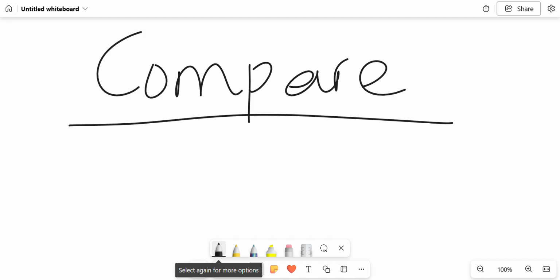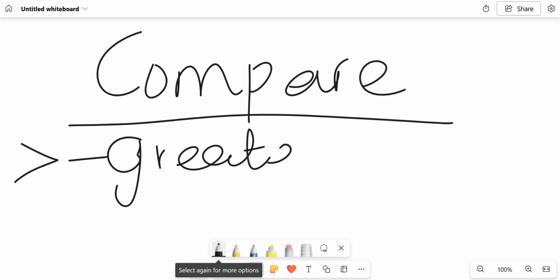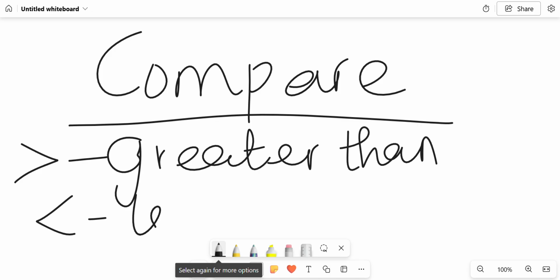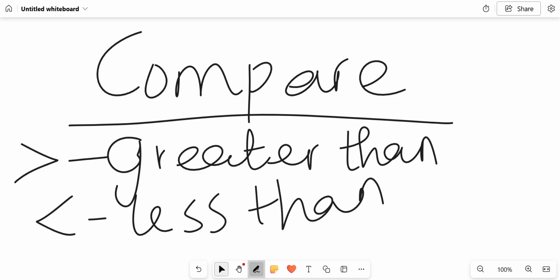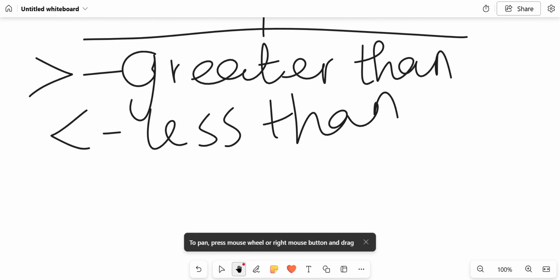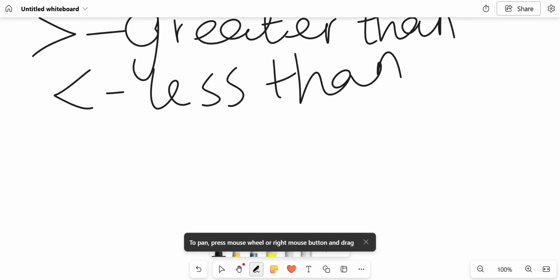If we're comparing numbers, deciding which number is greater, smaller, or equal, we use these signs: this, which is a greater than, this, which is a less than, and this, which is an equal to.